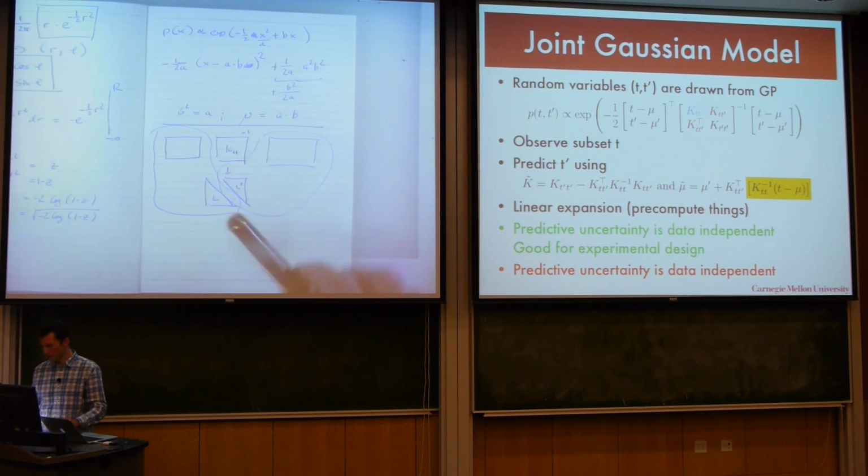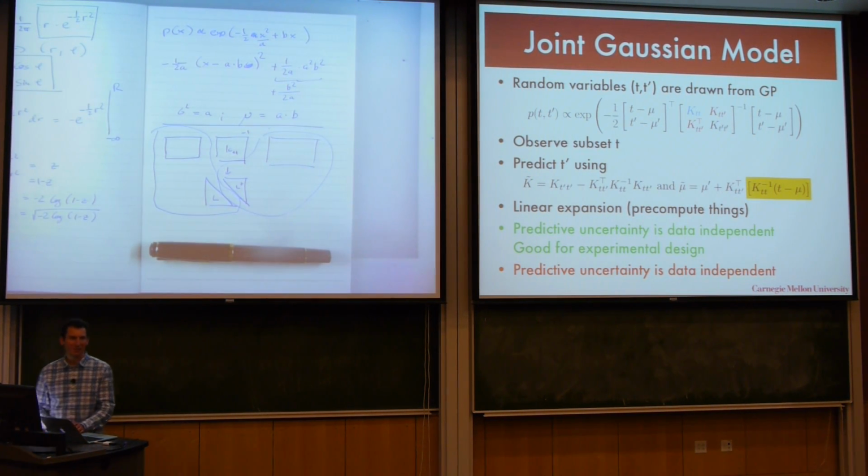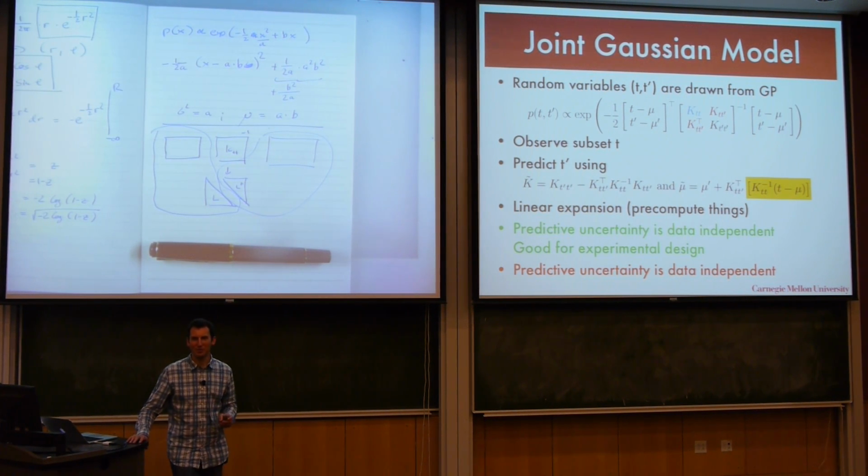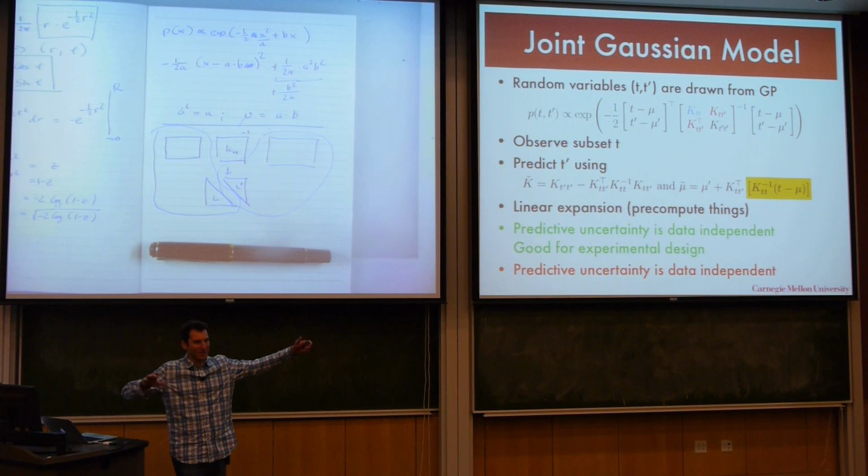Would you ever go and compute L inverse? No. Why wouldn't you want to compute L inverse? Because? Any suggestions? Exactly. So if I ever computed L inverse, this will give me another dense matrix again.